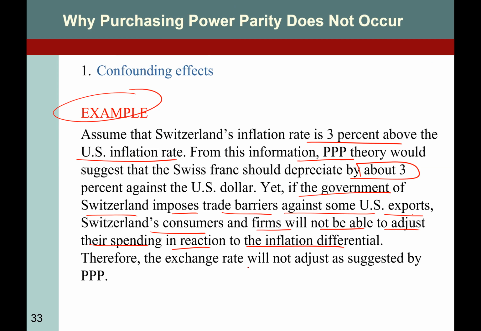So the exchange rate will not adjust as suggested by purchasing power parity, that it should depreciate by 3%. Right? So that's why after every parity, we say everything remains constant. If that is not constant, then purchasing power parity, and also interest rate parity, don't hold. Okay.